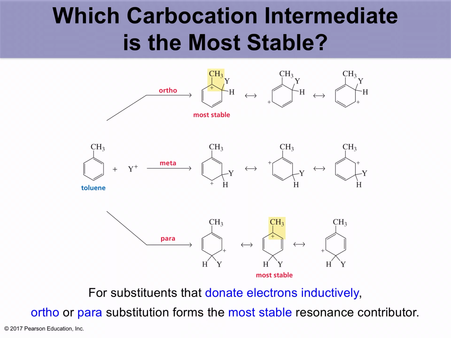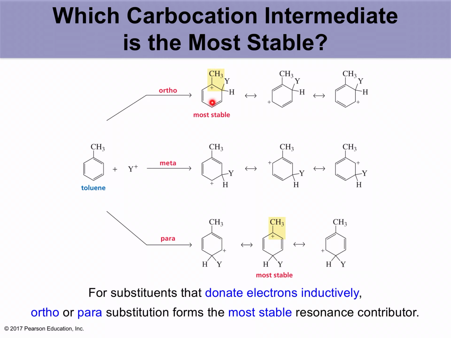Similar to the previous diagrams that I explained, you can see here when the electrophile goes to the ortho position, you can draw these 3 resonance structures, where one of the resonance structures has the positive charge right next to the methyl group. So the methyl is an electron donating group through induction.